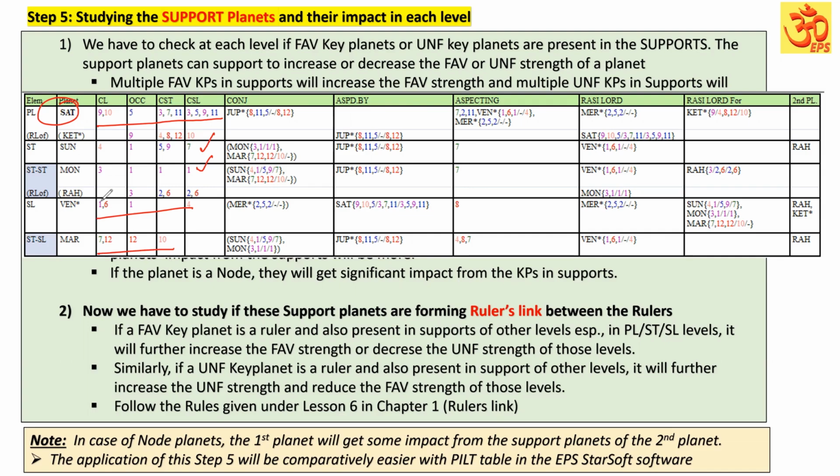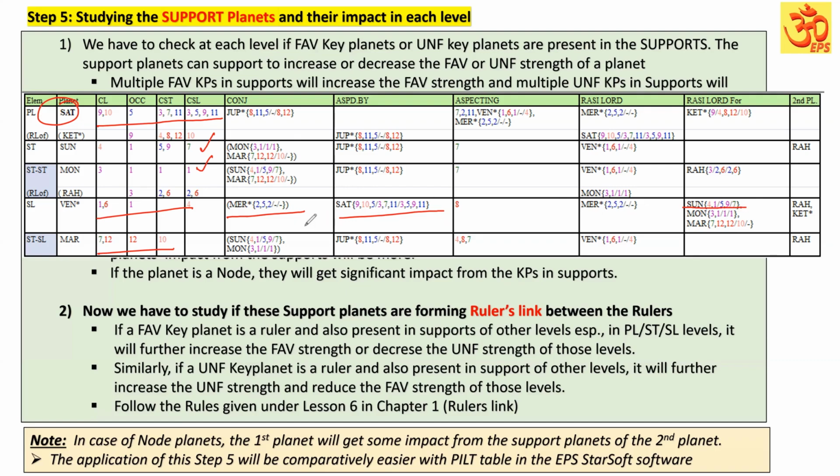Sub level planet is Lagna Lord occupying Lagna, sixth Lord and fourth sub Lord. As we discussed in the earlier slide, Venus is conjoined with Mercury, a key planet, and also Saturn, a key planet, and also has the Sun, a key planet, in its support.